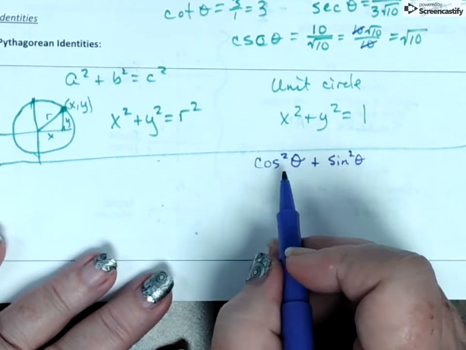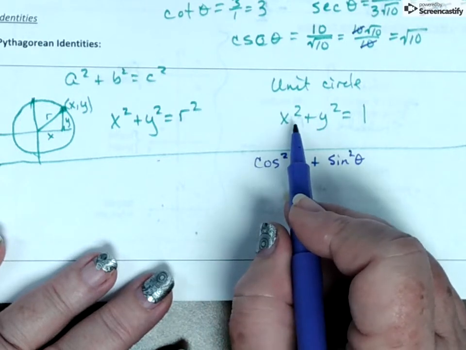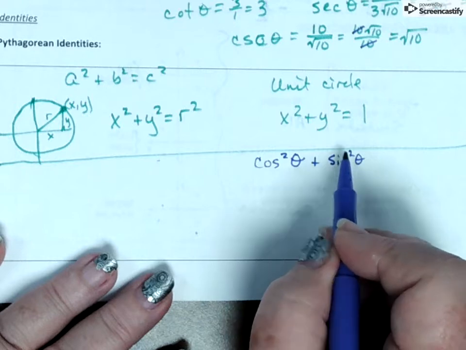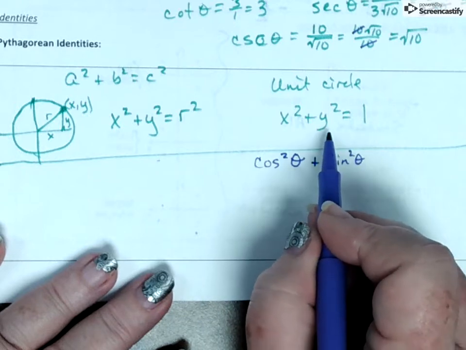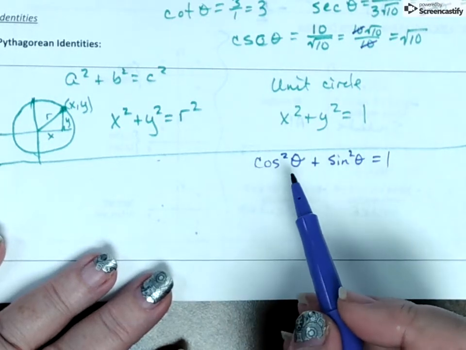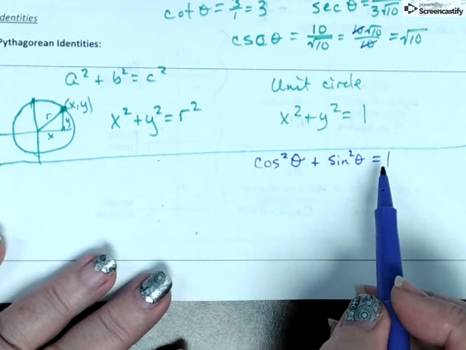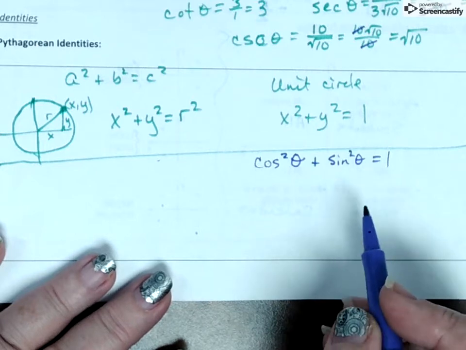That's just a replacement. If cosine of theta is x, then cosine squared theta is x squared. If sine of theta is y, then sine squared theta is y squared. And this is an identity. It says that if I have cosine and sine and I square them, I will get 1 every single time.